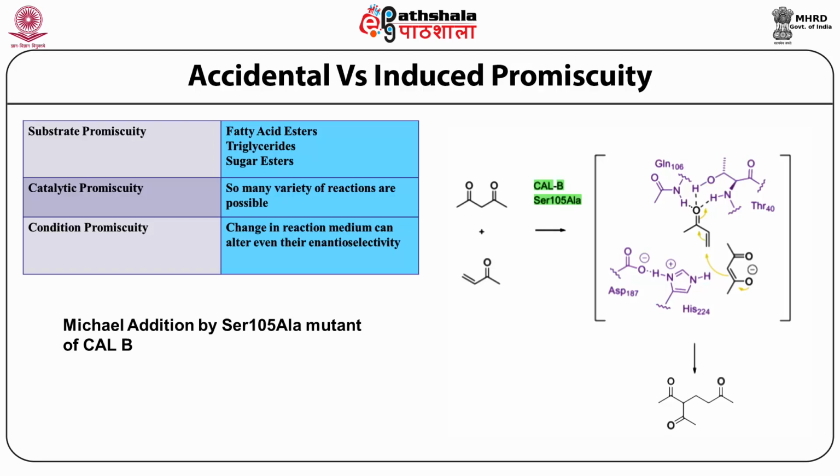Protein engineering has been used to generate or improve existing enzyme promiscuity. So, the serine 105 alanine mutant of CalB showed 100 times higher specific rate for some C-C bond reactions. This is generally referred to as induced promiscuity.